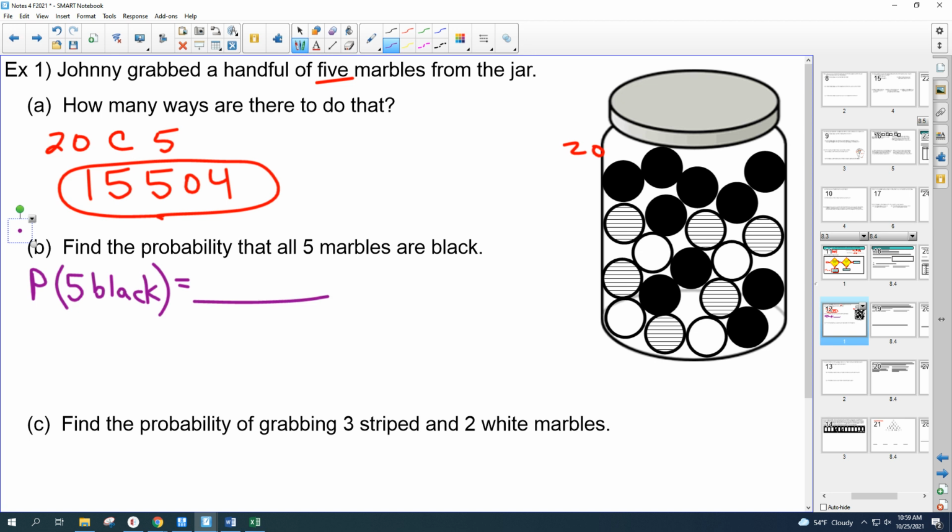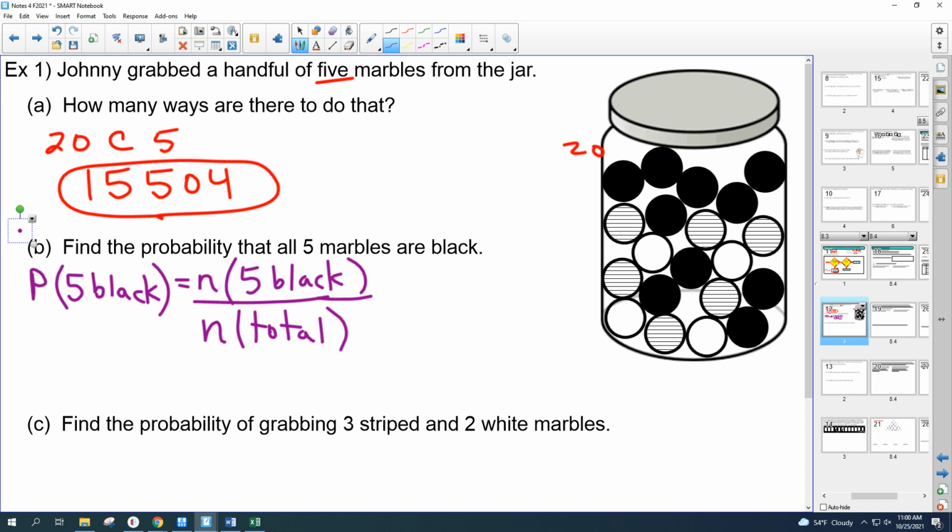So really what I'm looking at is the number of ways to get 5 black ones out of the number of total possible ways in this scenario. So it's part over total. Remember back from last unit when we talked about sets, that n just meant how many things are there. So part over total, basically I want 5 black ones.